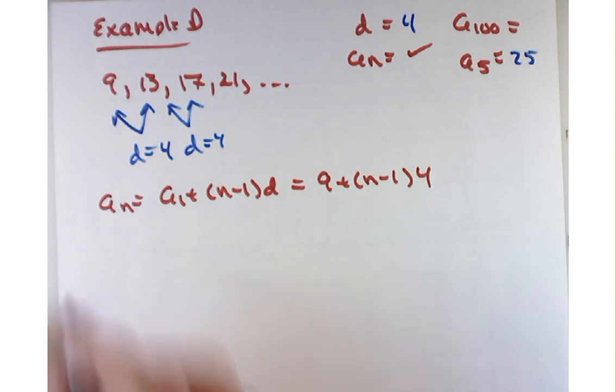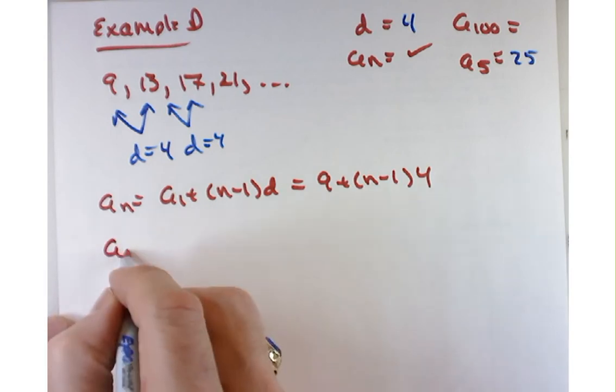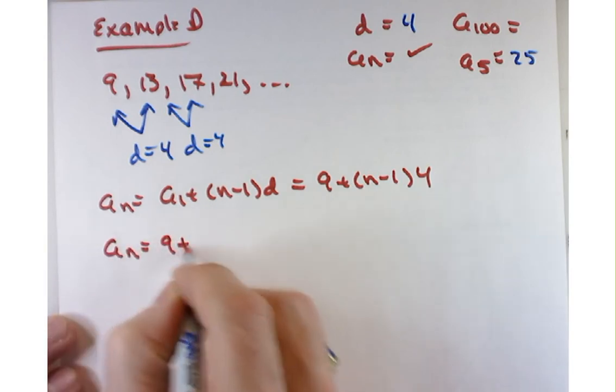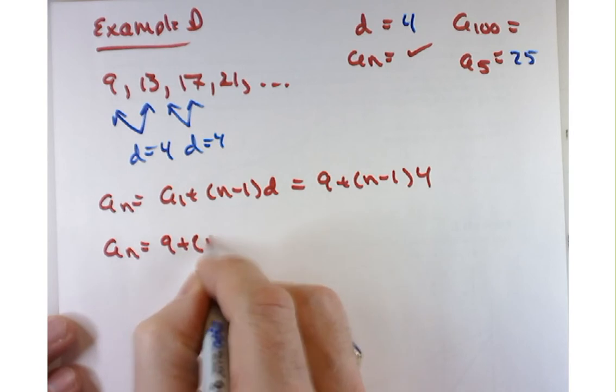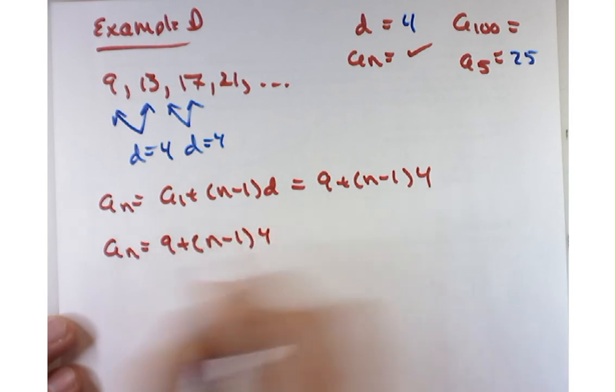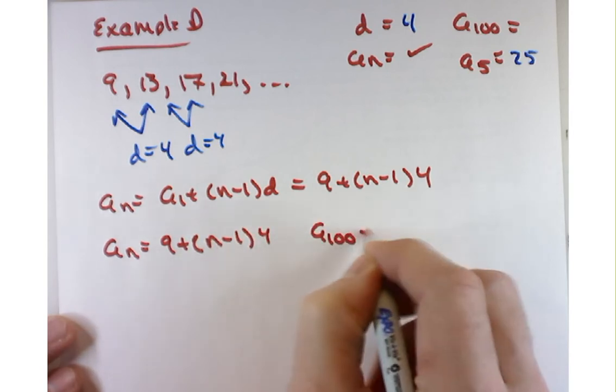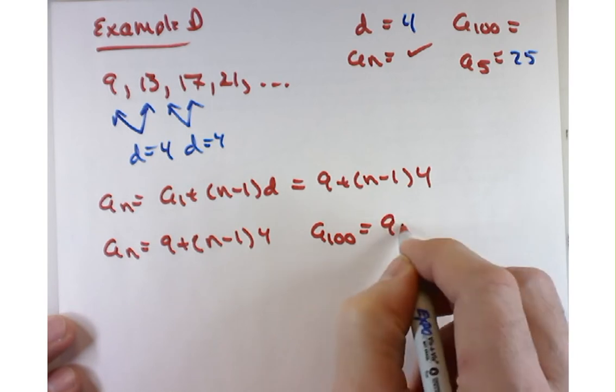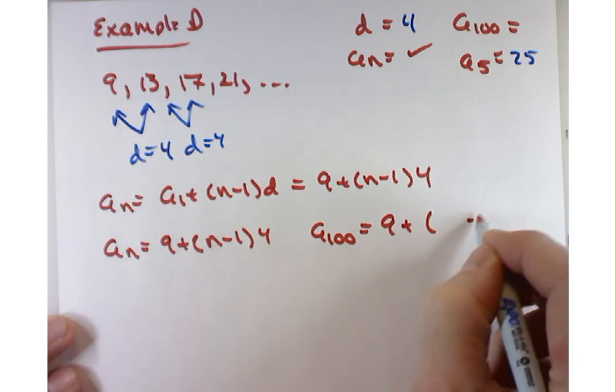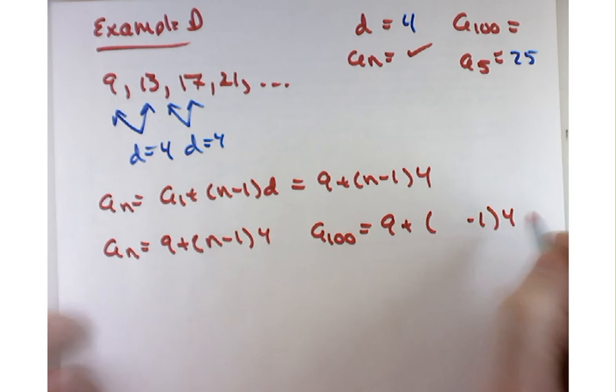And last but not least, I need to find a sub 100. So a sub 100 is going to be 9 plus 100 minus 1 times 4.